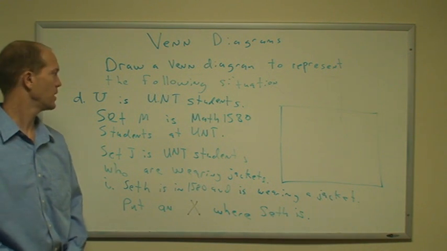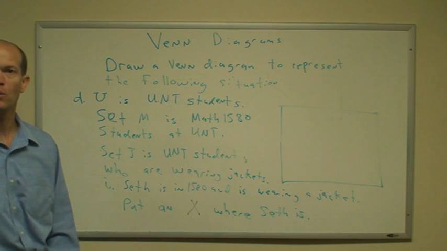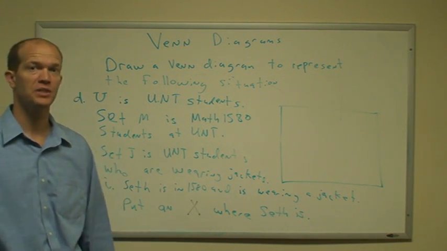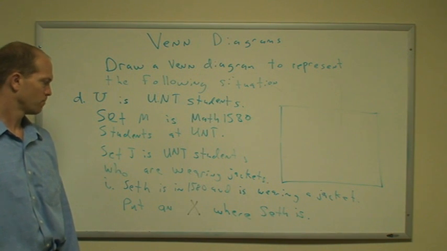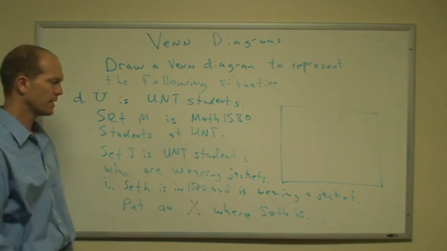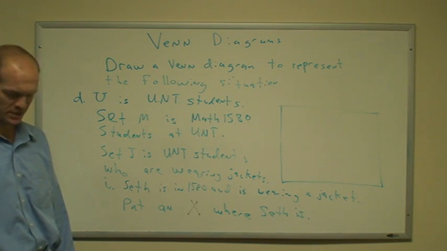In D, we're told that the universal set is all UNT students, that the set M represents the students in Math 1580, and the set J is the UNT students who are wearing jackets. Here we have part I. We're told Seth is in 1580 and is wearing a jacket. Let's put an X where Seth is.